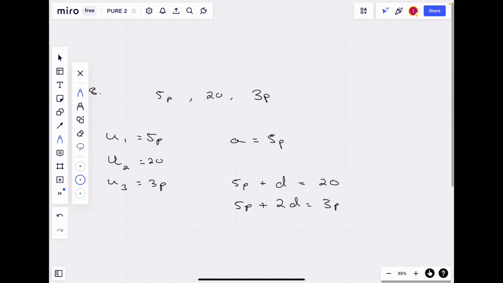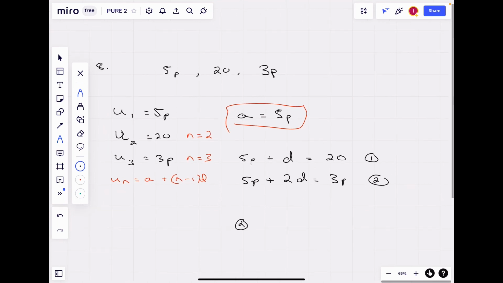With the other one, 5p plus (3 minus 1), 2 times d equals 3p. So that's me applying un equals a plus (n minus 1)d, where for u2, n equals 2, and for u3, n equals 3. And in both cases, a equals 5p. We don't have d yet, so we just leave it as d. Now we've got a simultaneous equation.